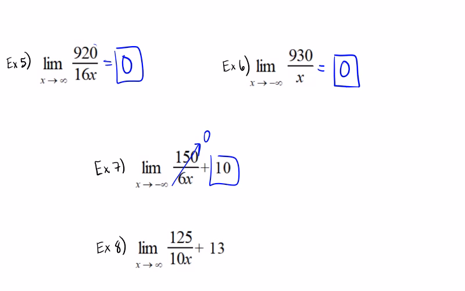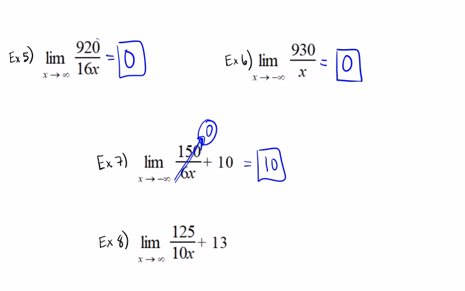And then the limit of a constant is just itself, no matter what you're approaching, a constant is going to stay the same. And so our answer here would be 0 plus 10, which is 10, right? If we're approaching infinity, this will go to 0, and this will just be itself. And in this case, I think I said infinity, but negative infinity, either way, this will turn to 0, right? All right, so try this one out.